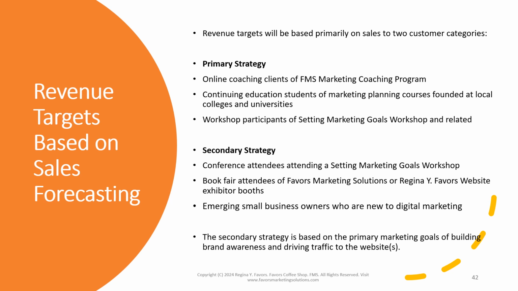The secondary strategy would be conference attendees, book fair attendees, and then emerging small business owners who are new. A lot of times, emerging small business owners do not want to take a workshop unless it is affordable. So that's why this is at the secondary level. The secondary strategy is based on the primary marketing goals of building brand awareness and driving traffic to the website.